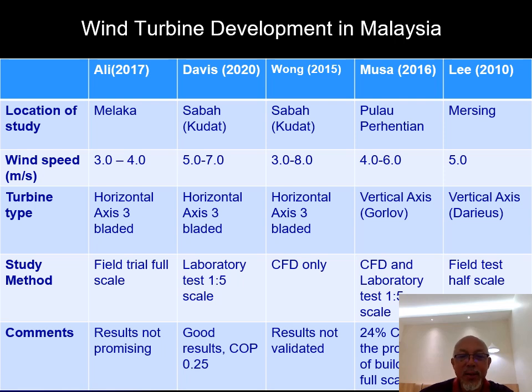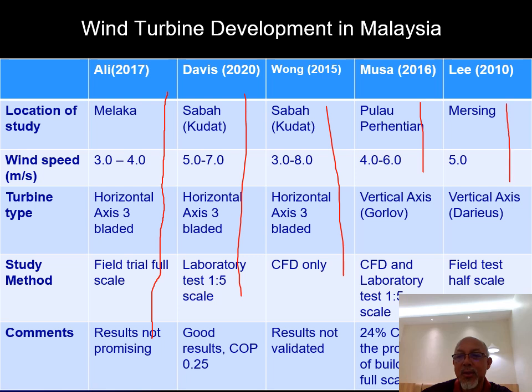The simple one, which is not recommended at all, is to just write what Ali did, where he did it, what type of speed, what type of turbine, what the method was, and finally what the results were. And then after that, you do the same for Davis and Wong in another third paragraph, and the fourth paragraph about Musa and Lee, and so on.